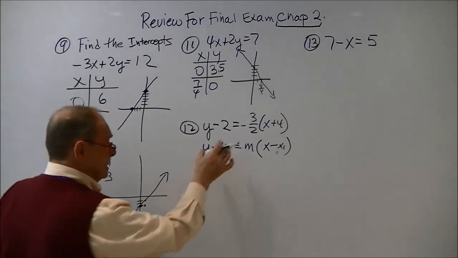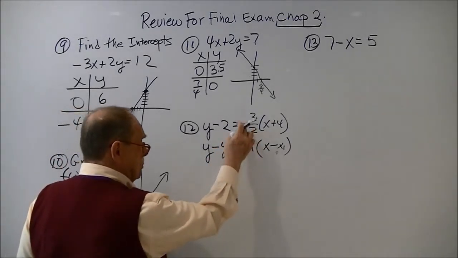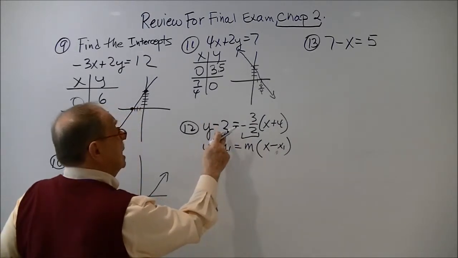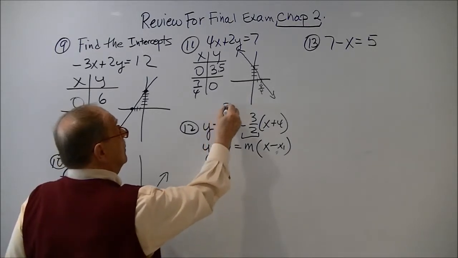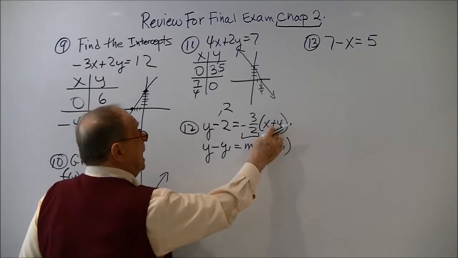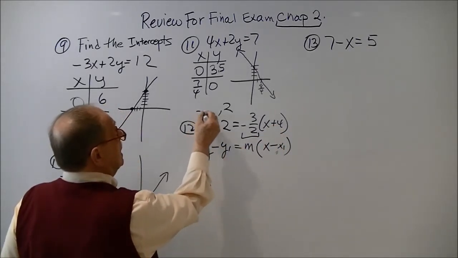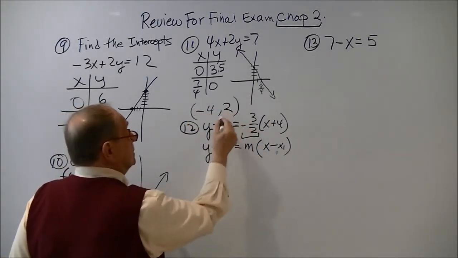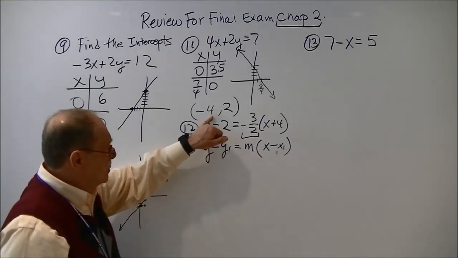And one of the things they might have asked, what was the point? The slope we know is this. What was the point? Well, the point was the opposite sign of this for our y value. That would have been 2. And then the opposite sign of that would be a negative 4.